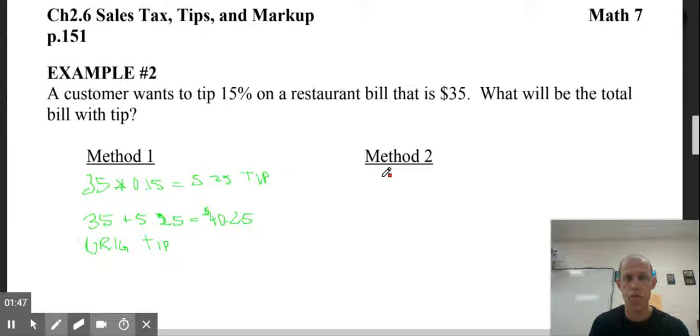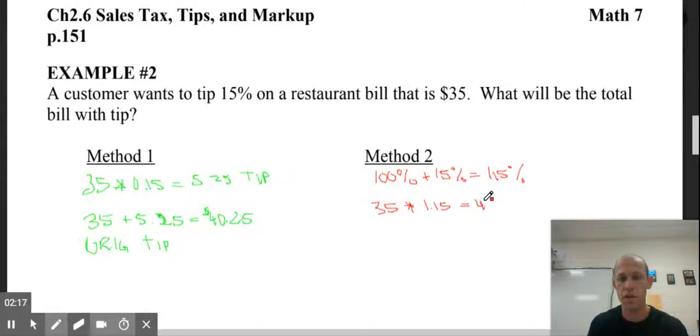For method two, we're going to combine the two percents. We first have to pay all of the bill, which is 100%, and then we have to pay 15% for the tip. So we will be paying 115% of the amount we see. That's going to be 35 times 115%, which is 1.15 as a number.